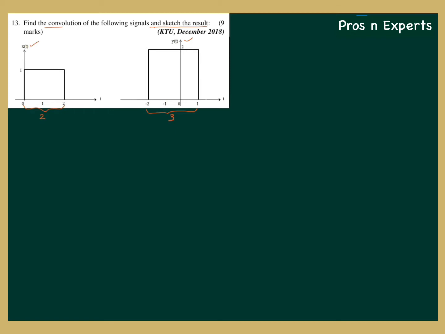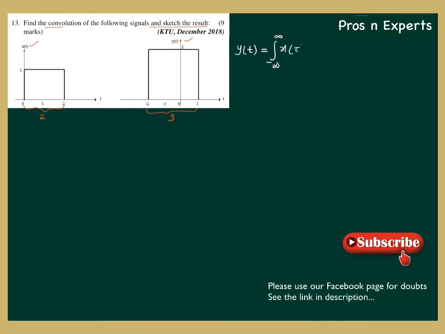So there is a difference in duration of these signals, and consequently, the convolution integral is given by the integral from minus infinity to infinity of x of tau into y of t minus tau d tau. But convolution is commutative, so I can write it as y of t is equal to the integral over minus infinity to plus infinity of y of tau into x of t minus tau d tau.